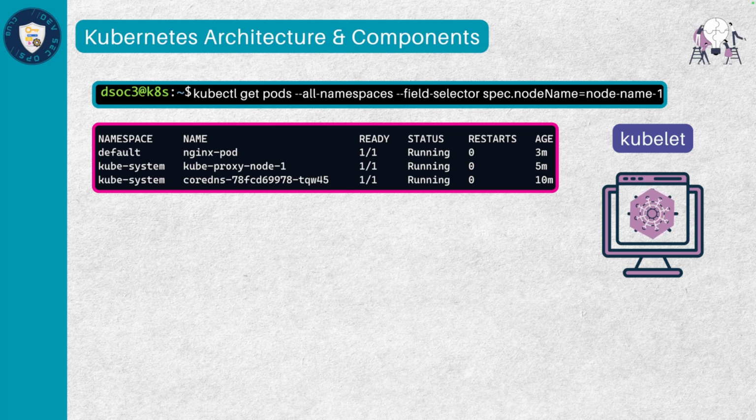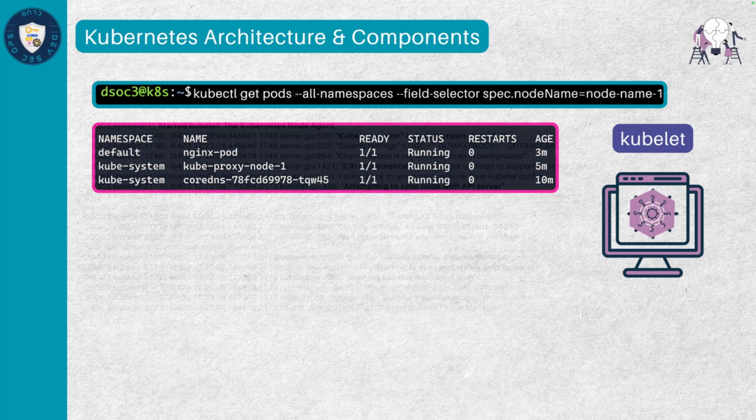We will see how to check the name of the node shortly when we set up our own cluster. For example, this node name one is this one. It will list all the pods we are running, across all namespaces. So this is kubelet.